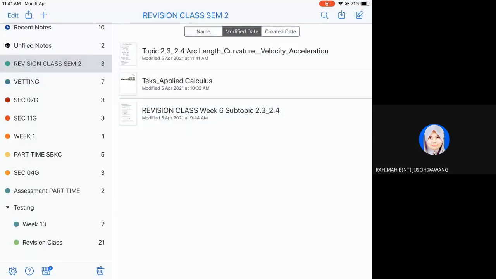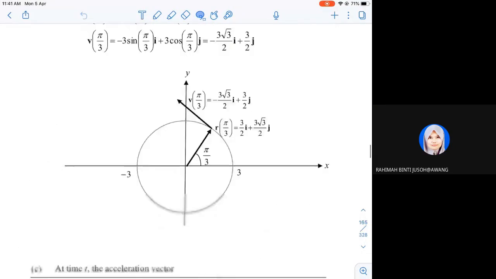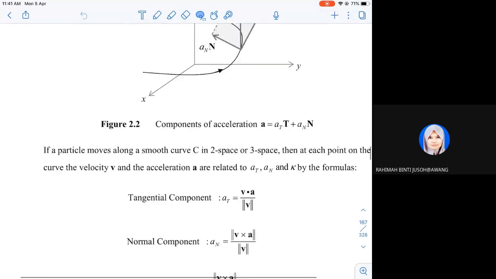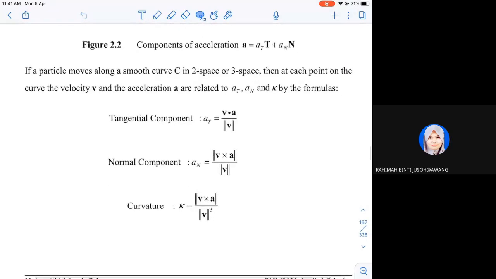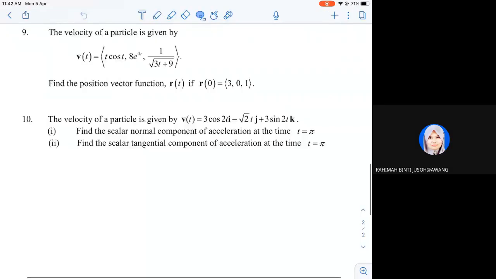Copy. Oh, ini tangential and normal component. Ni formula dia, normal and tangential component. Okay, this one. Ini pun dulu selalu juga keluar test lah, but I'm not sure this semester keluar ke tak.